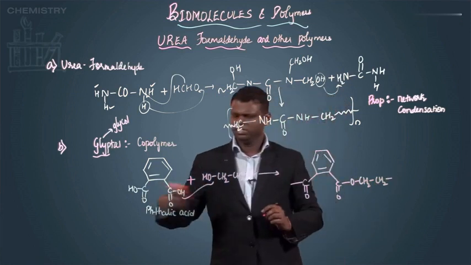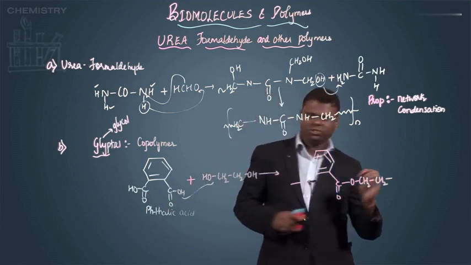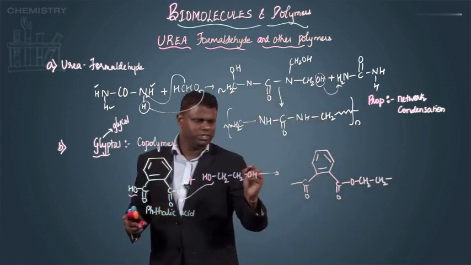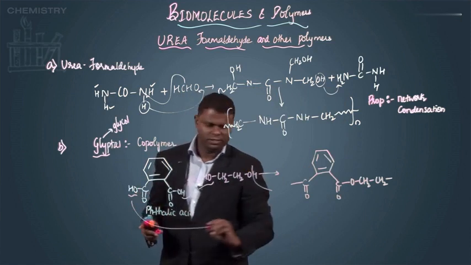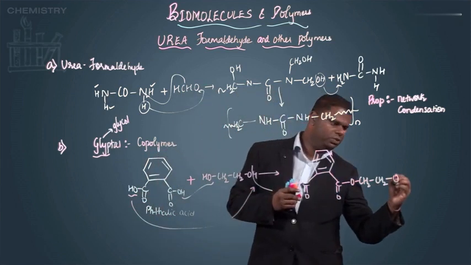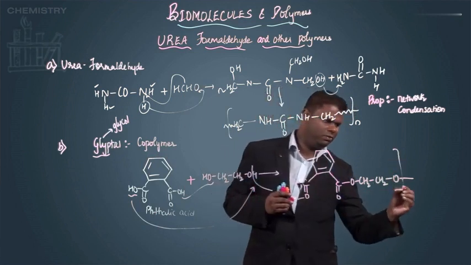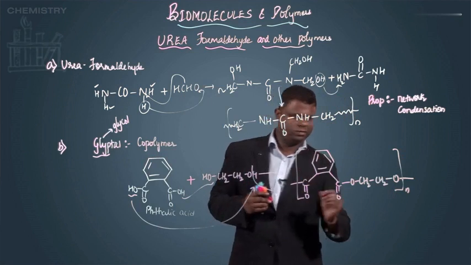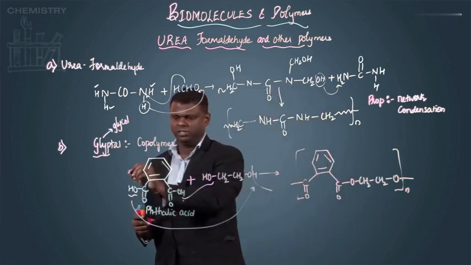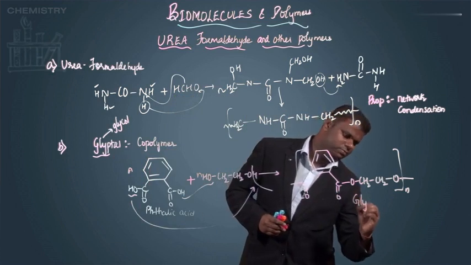So if you see, even the condensation can happen here as well, right? So that means this OH can go with this H as water. You could see the condensation. There are different possible combinations that could happen. So this is nothing but the polymer glyptal. So when you start with n such molecules, you get the molecule glyptal.